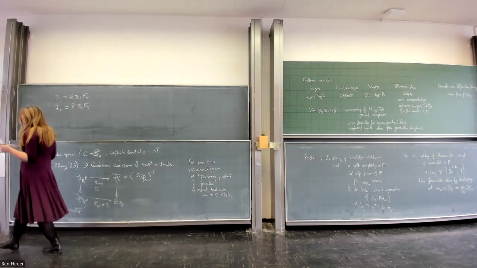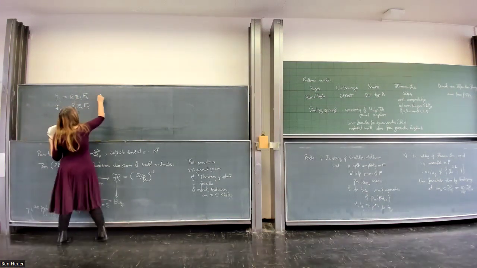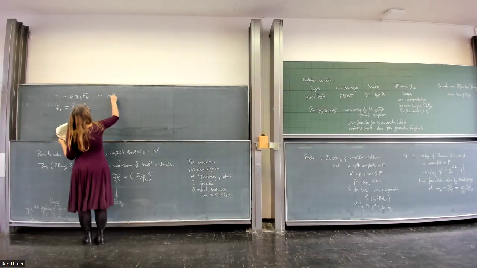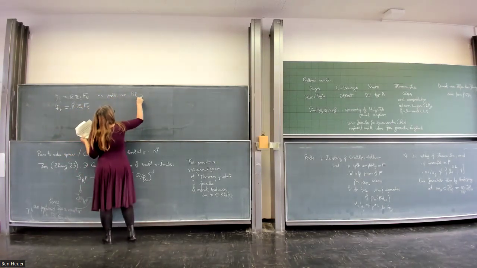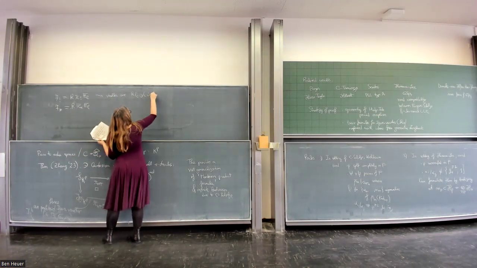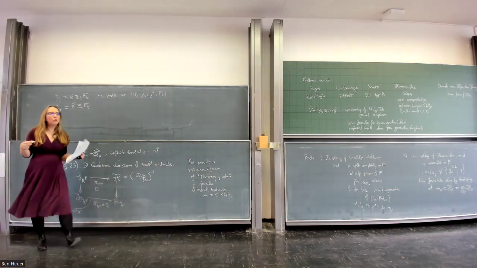And point-wise, the stalks of these sheaves just give you the cohomology of Igusa varieties. So here the stalks are certain cohomology of Igusa varieties, but with compact support towards the boundary.